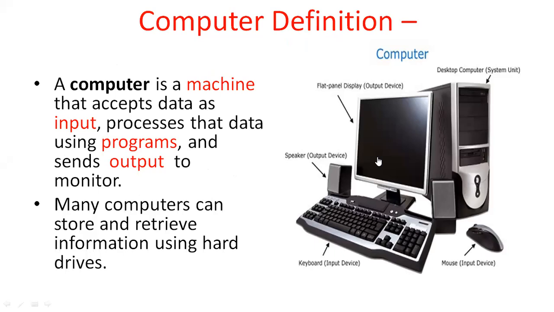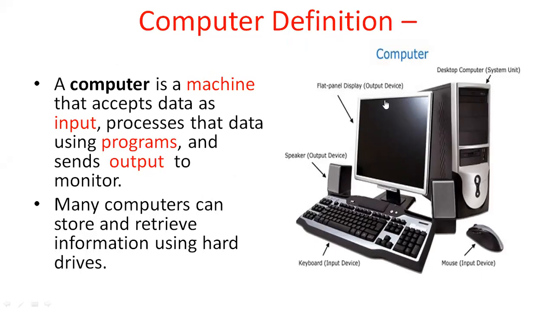Here, the program means a set of instructions. Based on the different instructions, the computer can perform any task, process the task, and then send an output to the monitor.